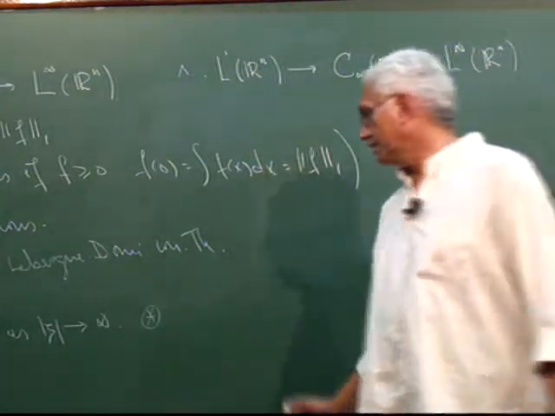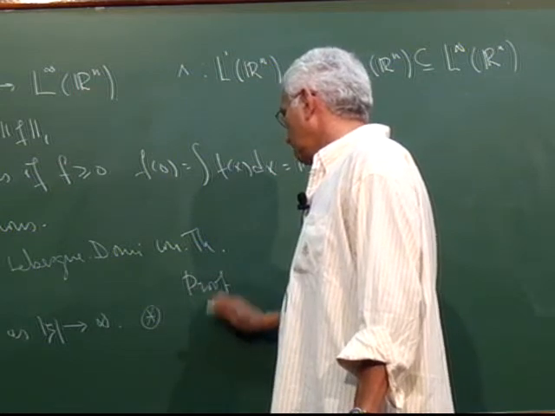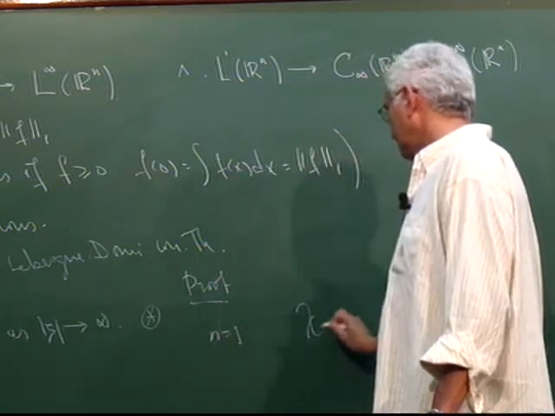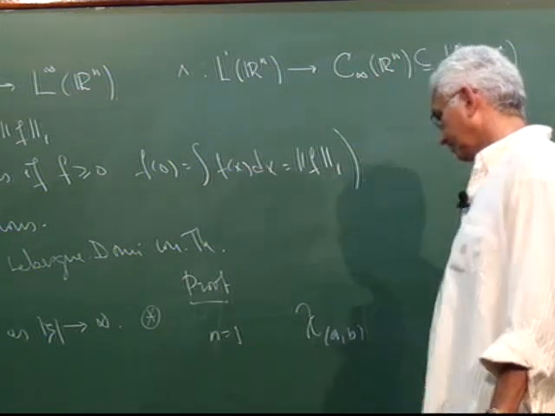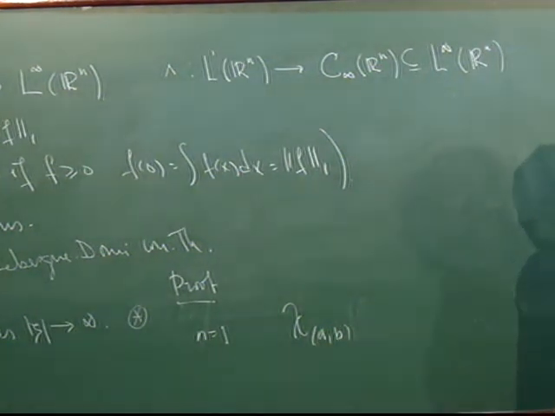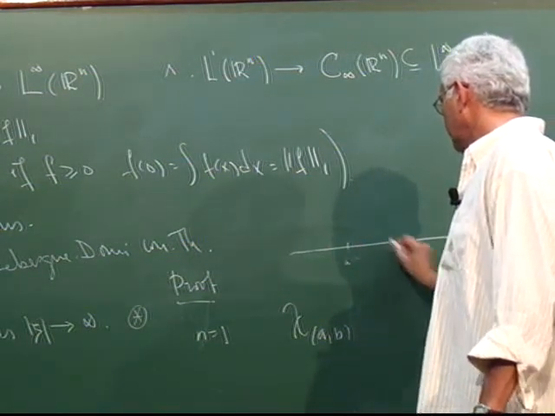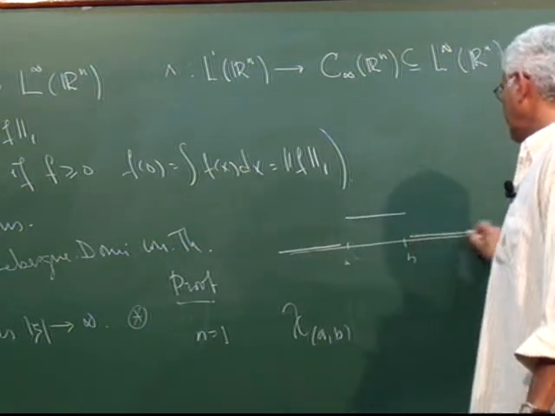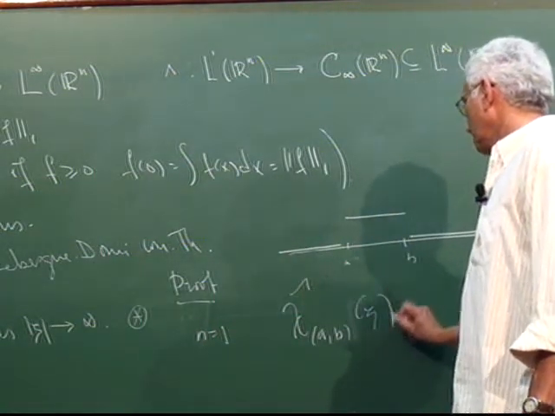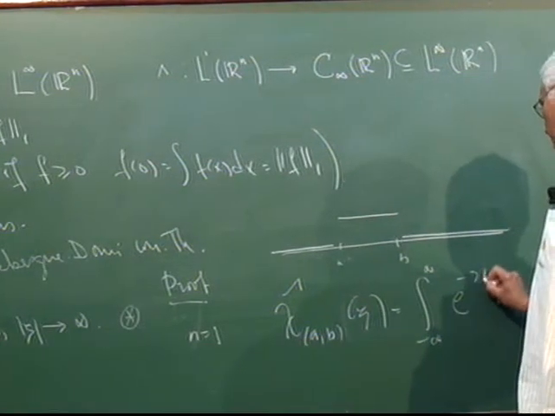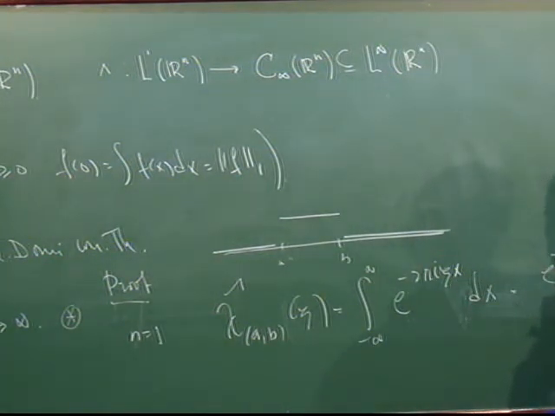part? Well, let's do it in one dimension. The idea of the proof. In one dimension, you take the characteristic function of the interval AB. Is this clear, the characteristic? Okay, you take this function that is 1 in the interval AB and 0 outside, and you take the Fourier transform of this, you are going to have the integral, and then you can compute this explicitly.